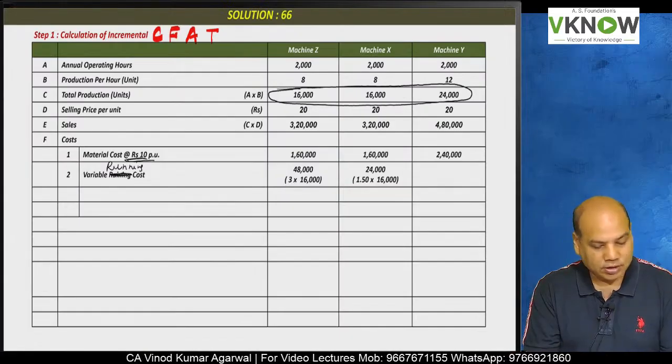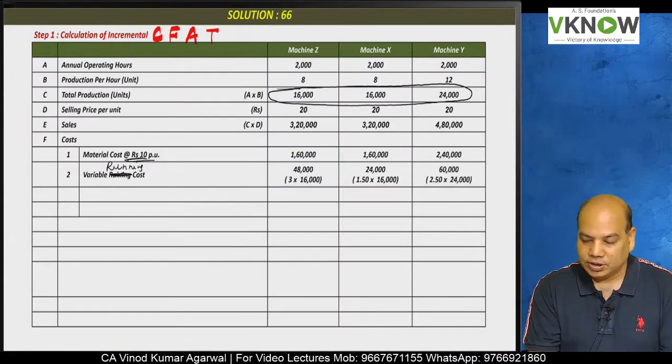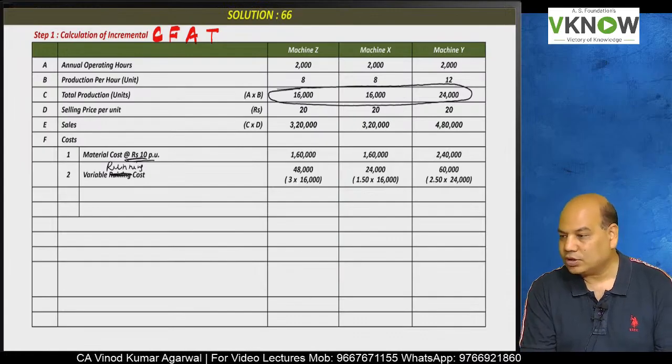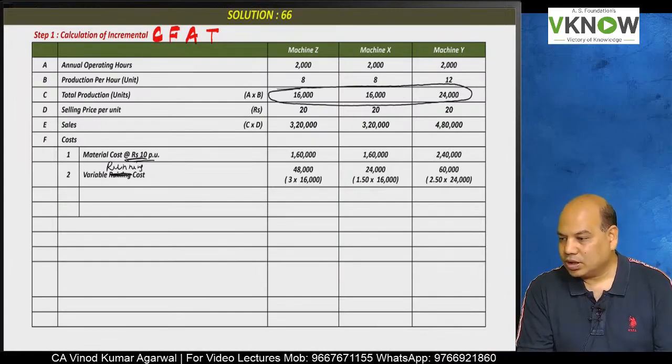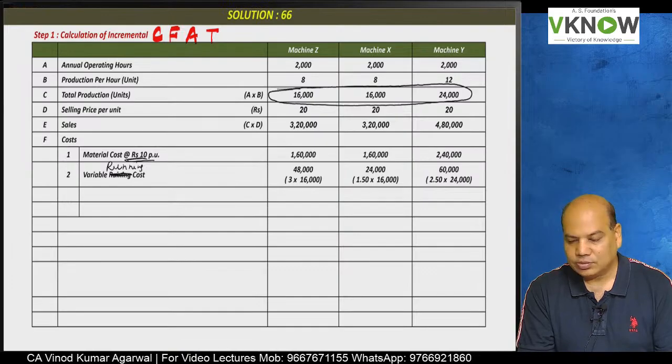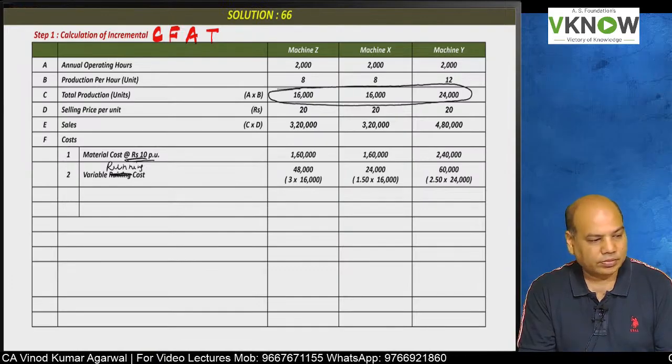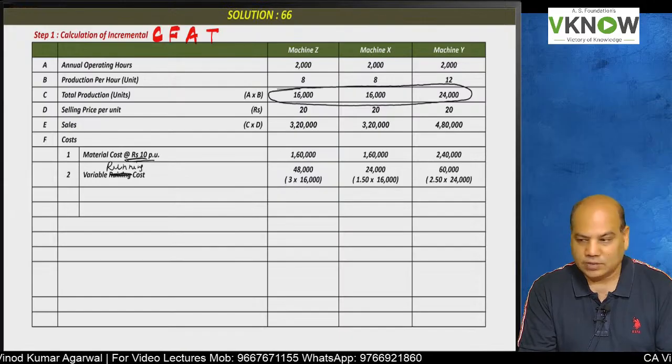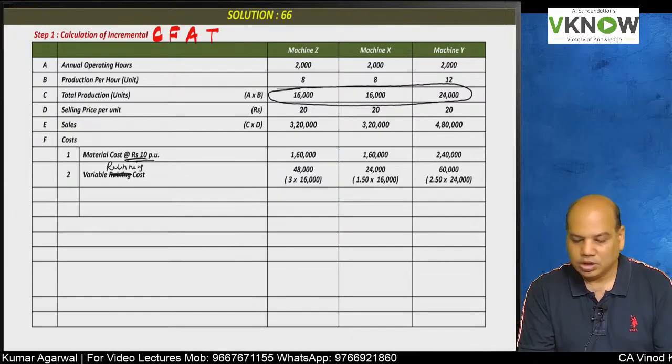And for machine Y, it is 2.50 per unit into 24,000 units, answer 60,000. Calculation in bracket below that. Later on there should not be any confusion, so we should write all calculation.